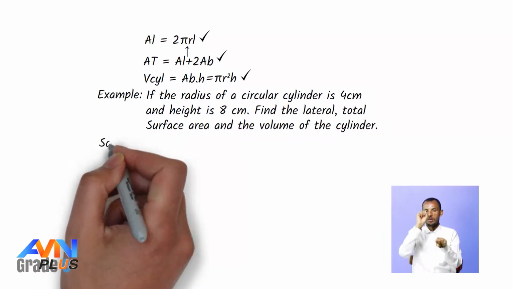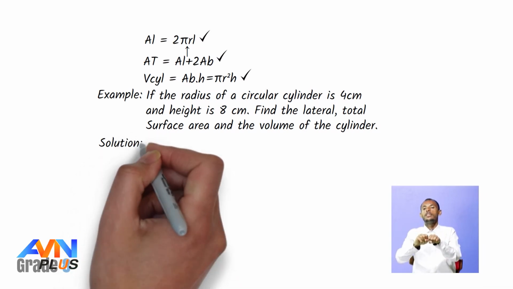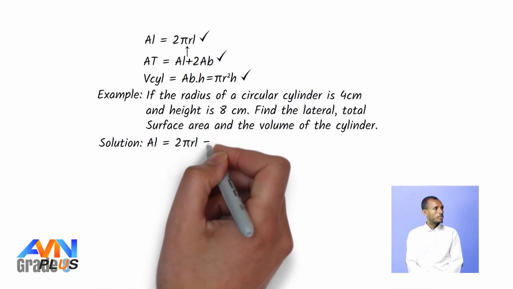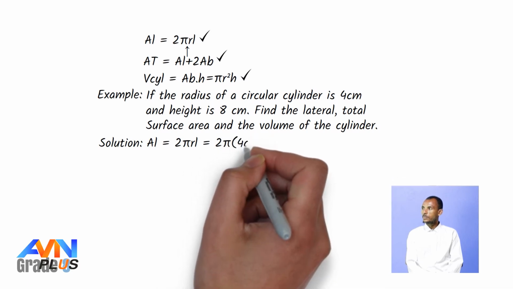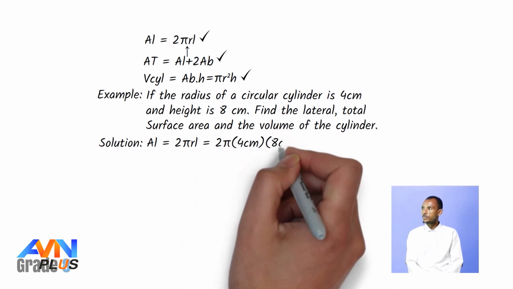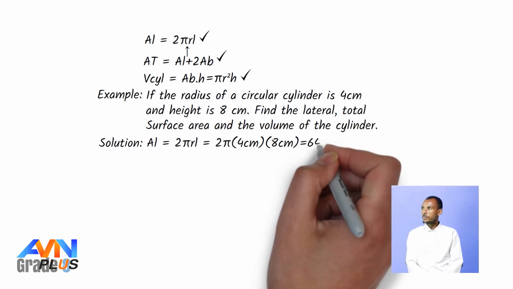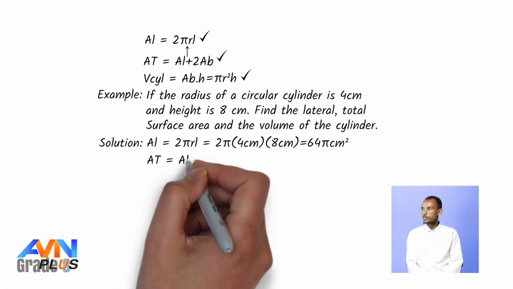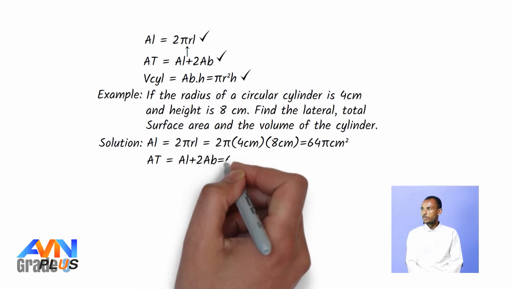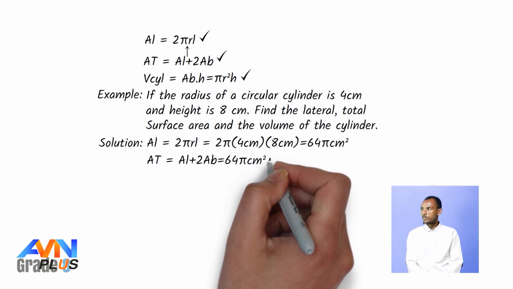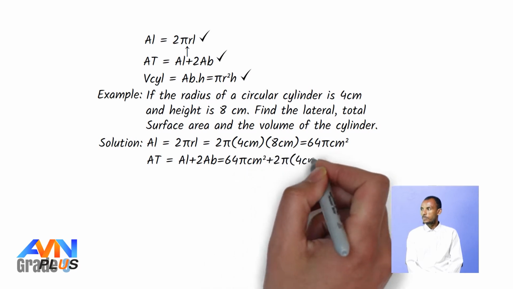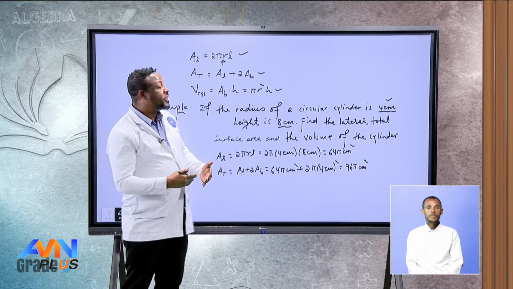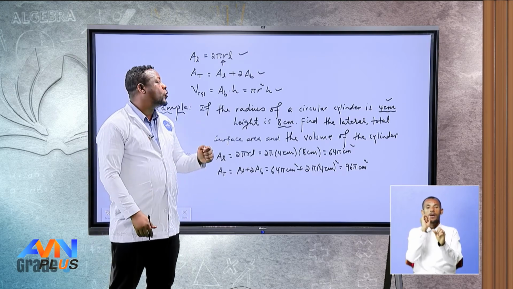So our lateral surface area in this case becomes... The third one is finding the volume of the cylinder.